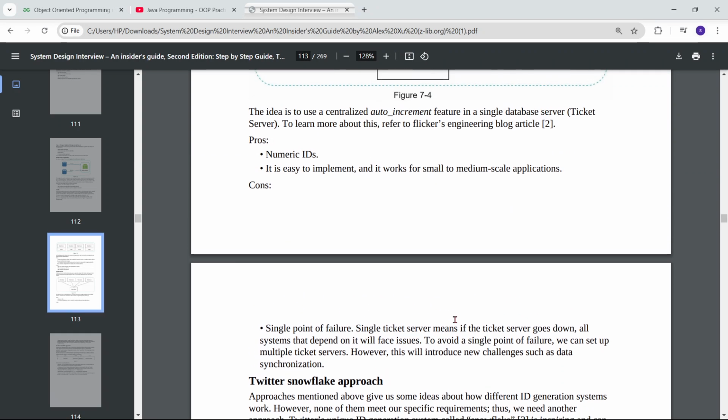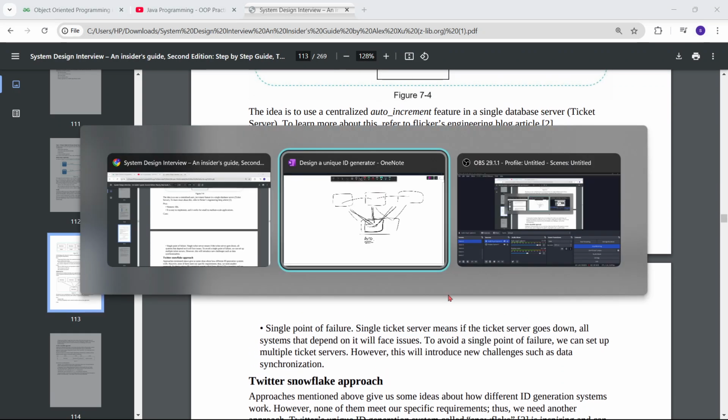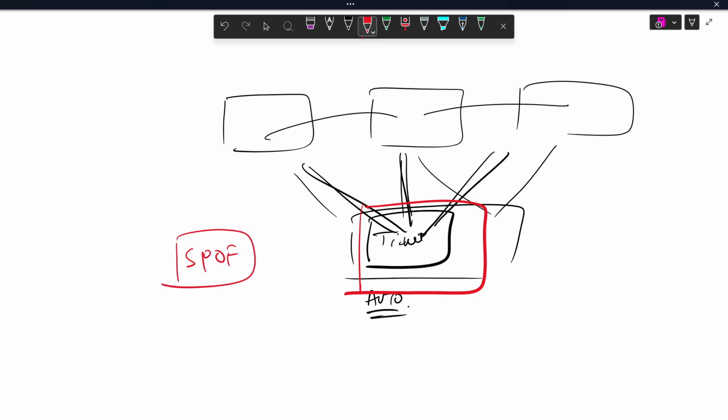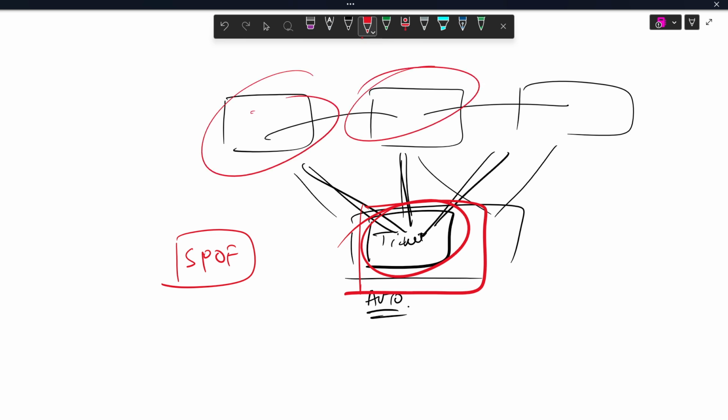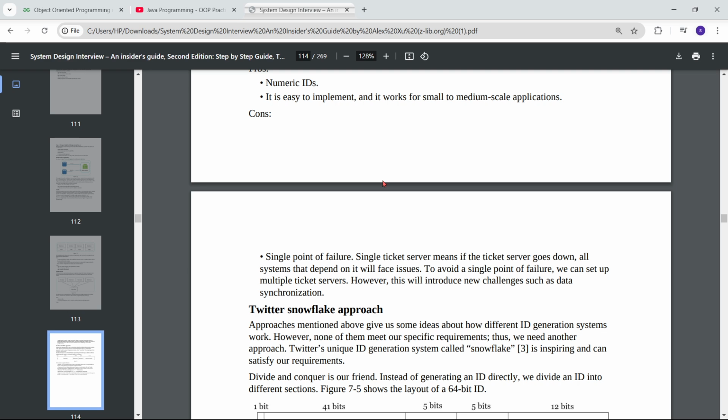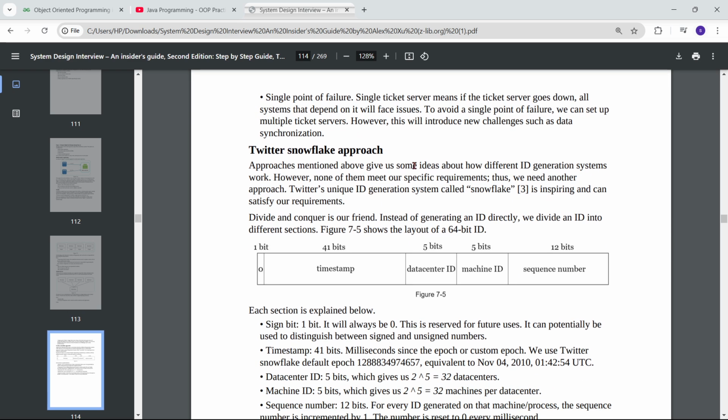There is no data synchronization issue, it is easy to implement, and good for small to medium scale. What is the major con? Obviously, with any server, when there is a single point of importance, there is a single point of failure, SPOF. Because if this ticket server goes down for some reason, they cannot have their IDs generated and everything will break, the whole design will fail. For this we can have multiple ticket servers, but then the data synchronization issue will come, the same question of how do we synchronize auto increment for different servers.